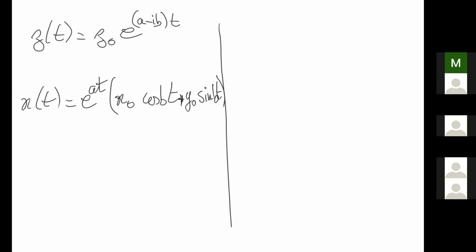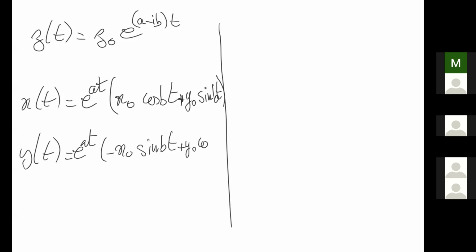And for the y, I will get exponential at, minus x0 sine bt. The minus comes from sine minus bt here, plus y0 cosine of bt.